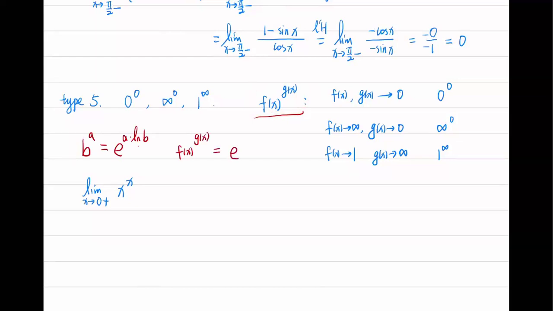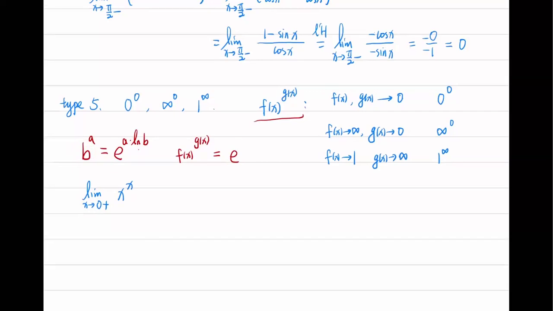Okay, Sophia, what's the new exponent? It is the exponent A base logarithm B. So it is e to the power of g of x ln f of x.